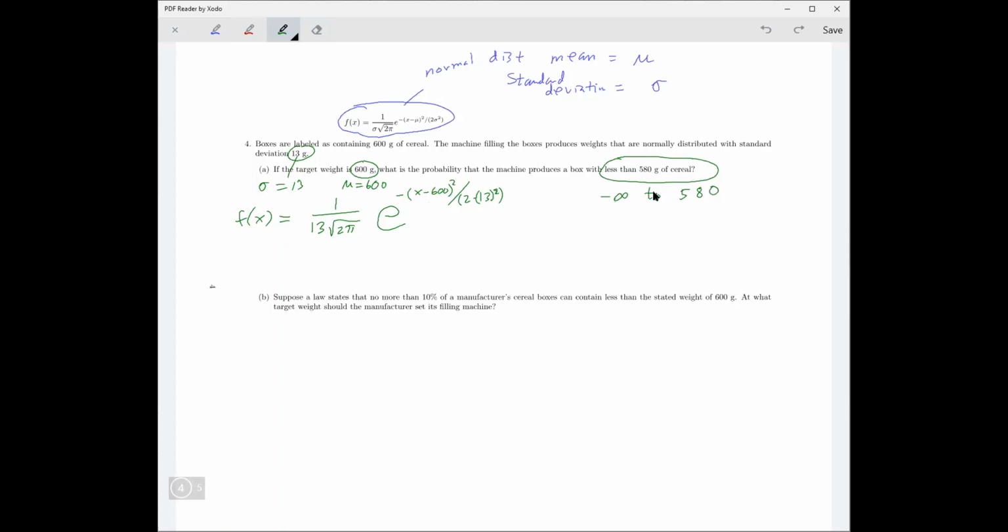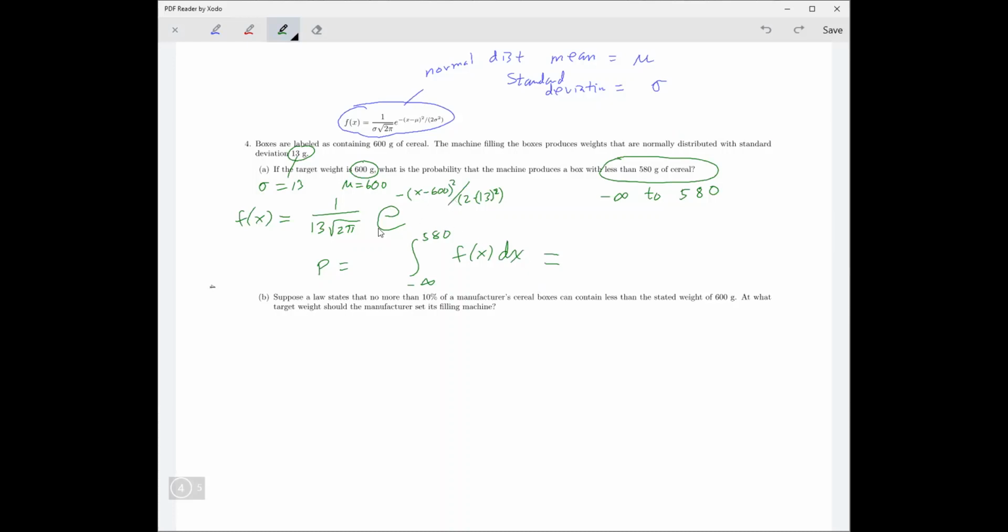So that probability is equal to the integral from negative infinity to 580 of this function here.